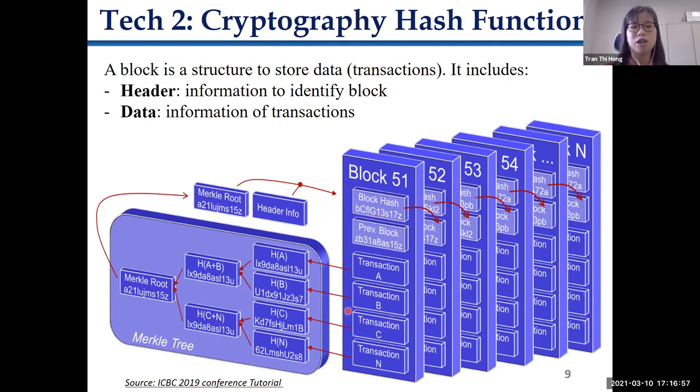In a block, we have the transaction data, the hash of the previous block, and the hash of the current block. By this mechanism, all the blocks are connected together via the hash value. The miner only needs to check the final hash of the final block, so he can know very quickly whether any data inside any block has been modified or not.